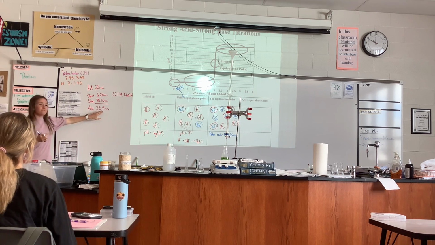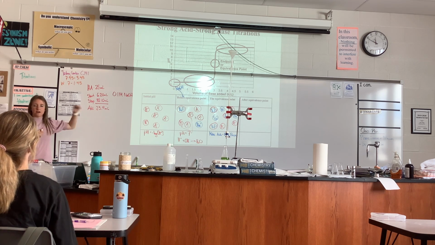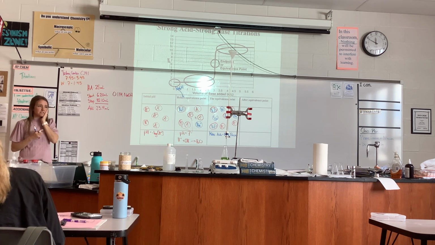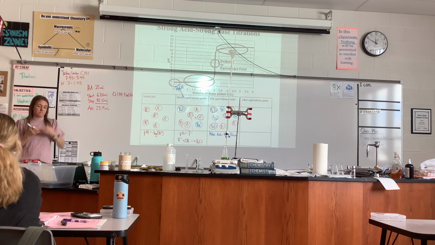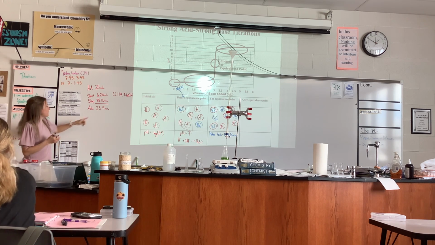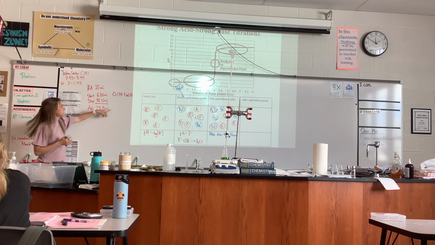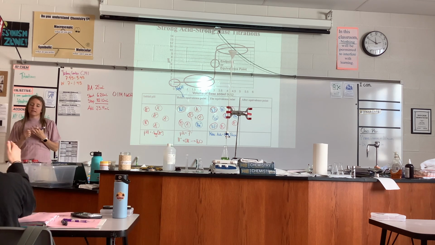So if I had to add 50 base, does that make the concentration of the acid greater than or less than the concentration of the base? So put greater than or less than. So hypothetically, if I had to add 50 instead of 25, what does that tell me about the concentration of my acid? Is it greater than or less than?